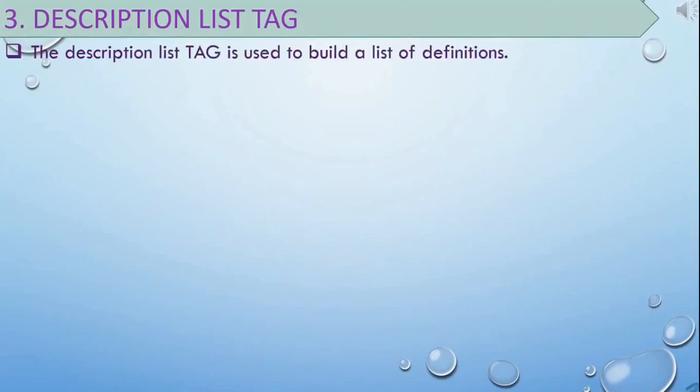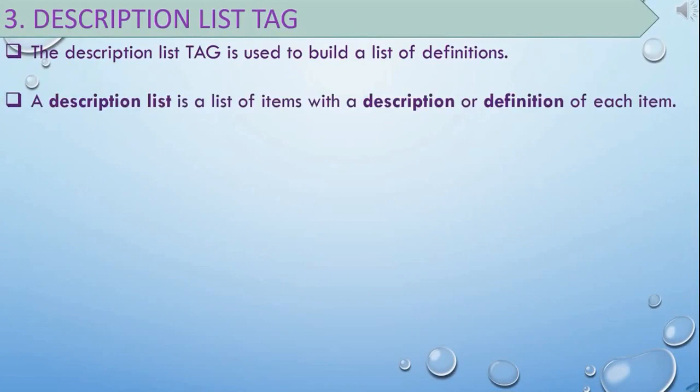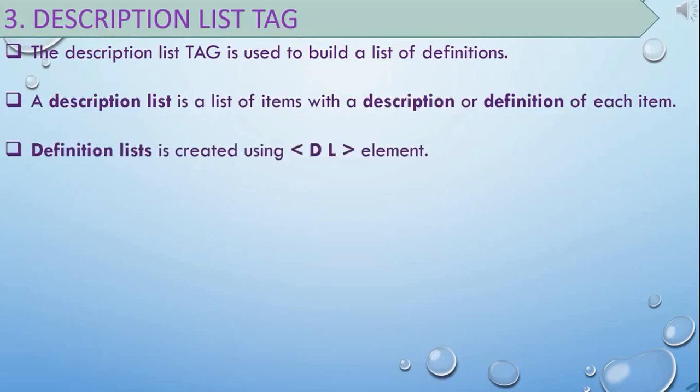Description lists. The description list tag is used to build a list of definitions. A description list is a list of items, with a description or definition of each item. The description list is created using the DL element.